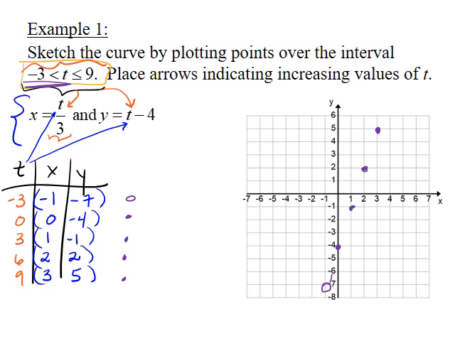Since I'm only interested in this interval, my graph will look like this. Now, I also want to place the arrows indicating increasing values of t. Well, I started down here and then the values increased. And there you have it.